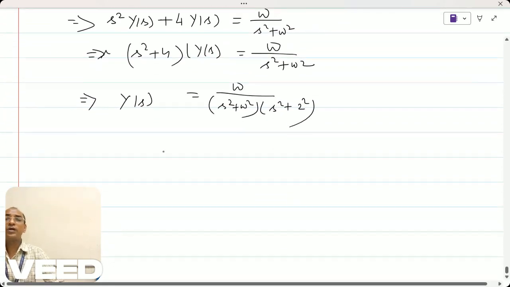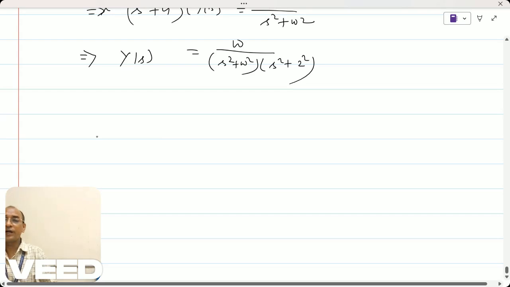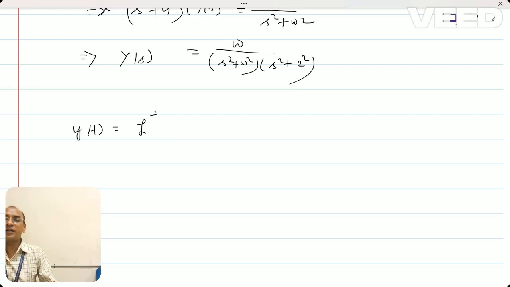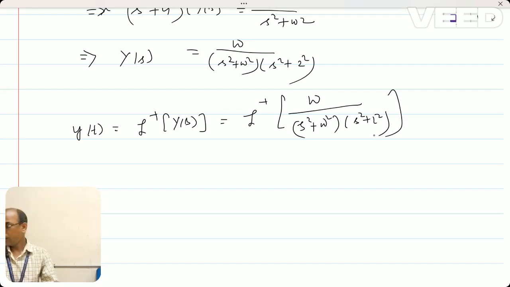And so we can find what we want, y of t, and y of t is nothing but the L inverse of Y(s). That will be nothing but L inverse of omega divided by s square plus omega square into s square plus 2 square.